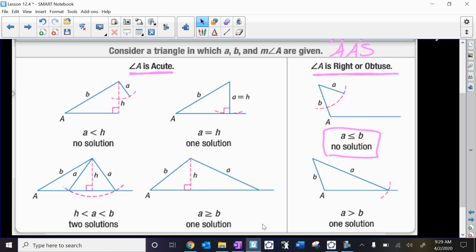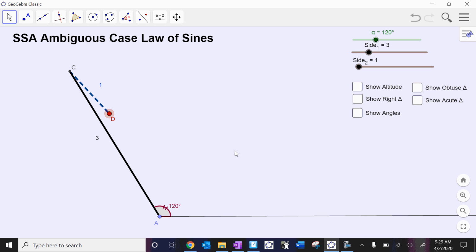Your other scenario is where a is bigger than b. So now I'm going to extend this side length a little bit, and I'm going to make it something like 4.2. So now notice how my side length a is bigger than side length b.